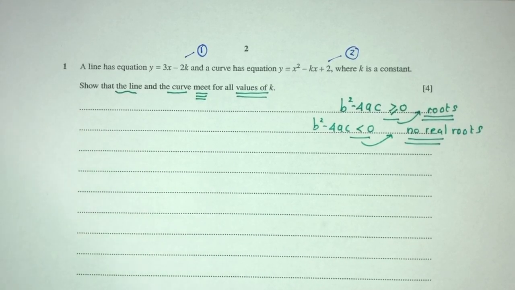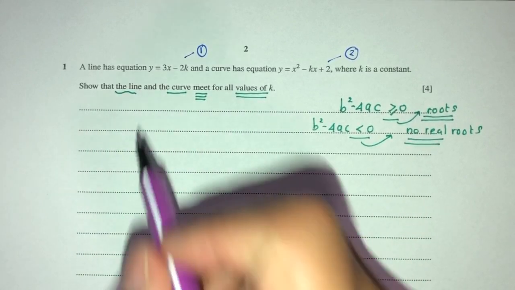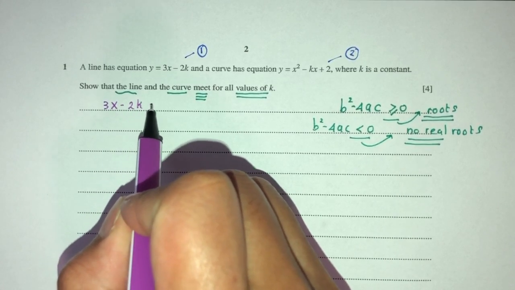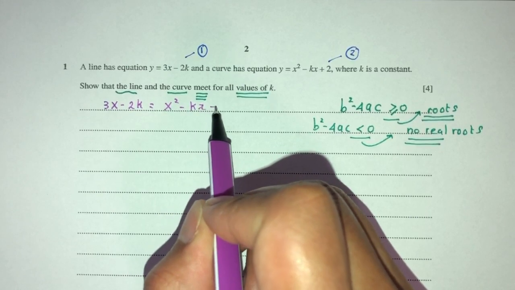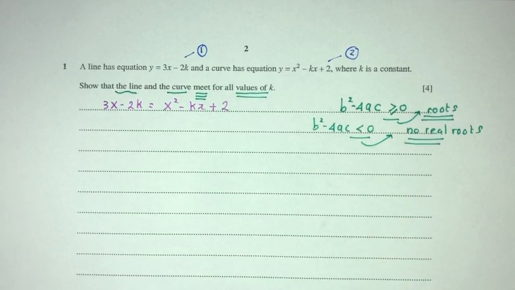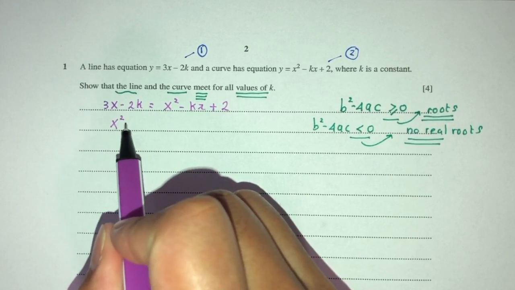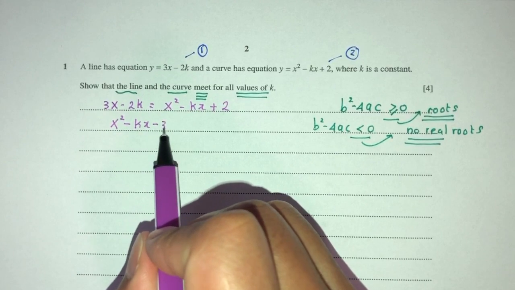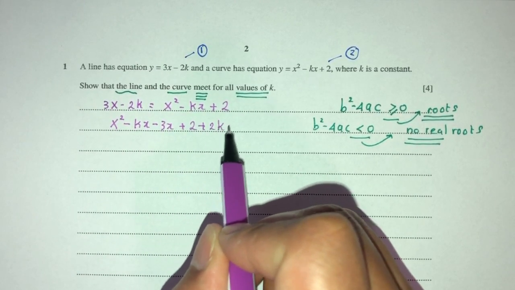Now, first thing first, obviously, we have to test if they meet or not, so we have to solve them simultaneously. So on one side you will have 3x minus 2k is equal to x squared minus kx plus 2. Okay, now send everything to one side, you will have x squared minus kx minus 3x plus 2 plus 2k.